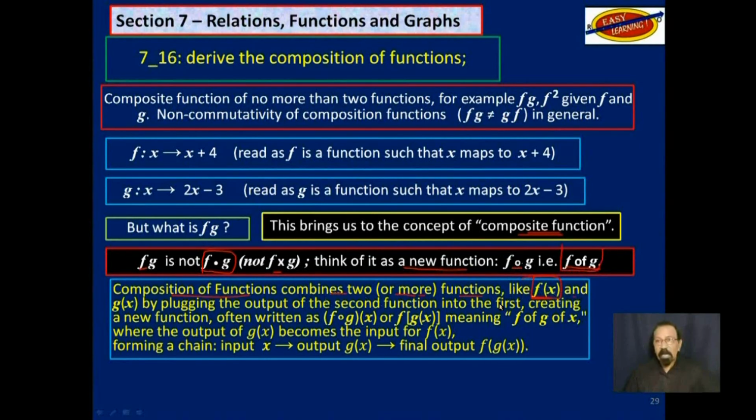Like f of x and g of x, by plugging the output of the second function into the first, creating a new function often written as f circle g, or simply f of g of x, where the output of g of x becomes the input for f of x, forming a chain: input x becomes the output of g of x, which becomes the final output of f of g of x.